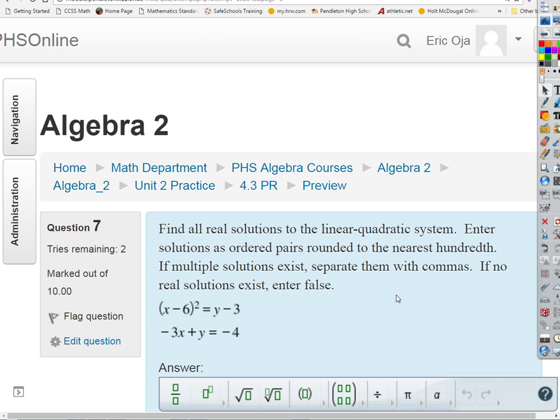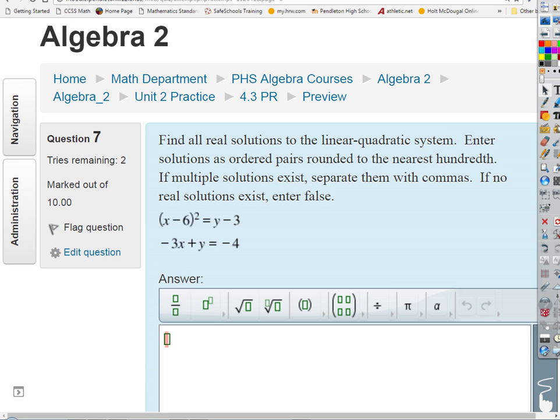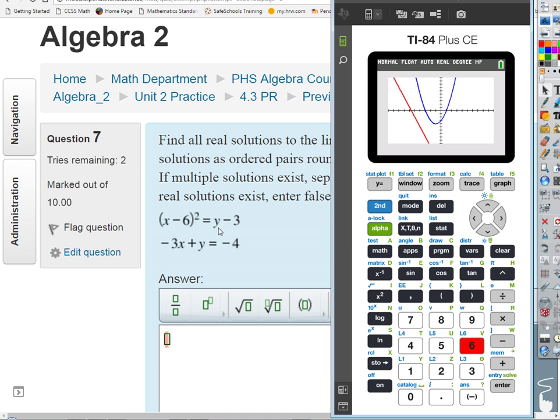Okay, last problem. What about this one? Same kind of thing. Let's solve the top equation for y. If I solve the top one for y, I'm just going to get the quantity x plus 6 squared plus 3.